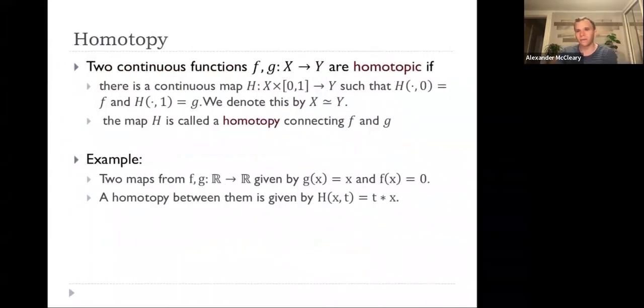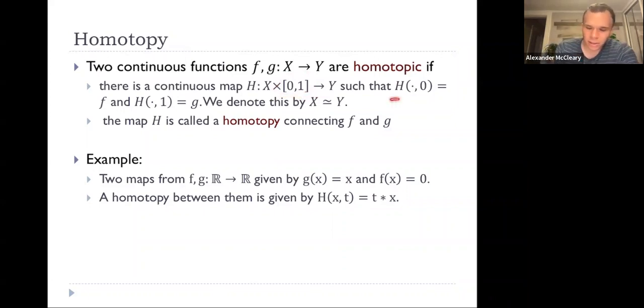Now let's go into the formal definition here. Okay, so we're going to say that two functions, F and G, are homotopic if there is a continuous map H from X cross [0, 1] into Y, such that, when we restrict it, you can think of this interval [0, 1] as a time parameter. So think of this as time flowing from 0 to 1.